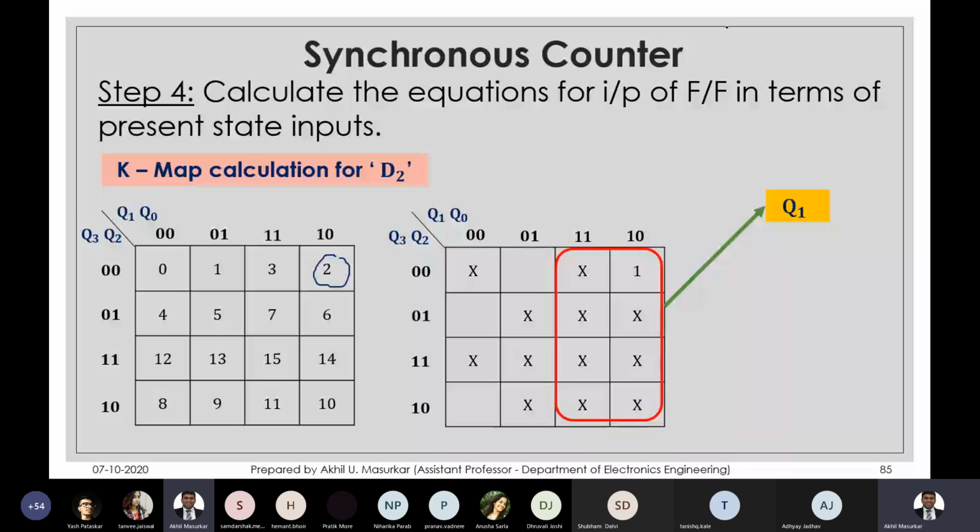I don't know why they like it so much, but they ask ring counter every time in the exam. Correct, Suman. D1 is Q0. Perfect. Shubham is also correct. Shubham, try to calculate D0 quickly.